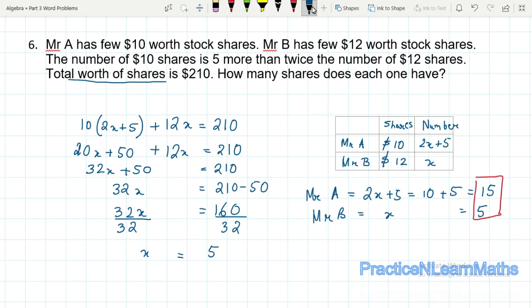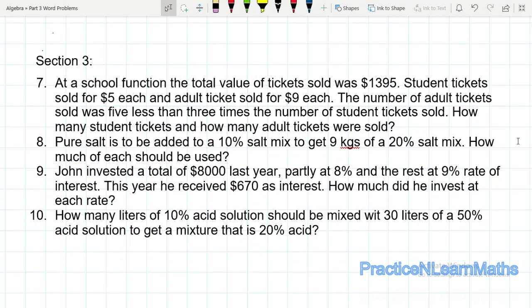After you solve section 3, I will again give you the step-by-step solutions and the correct answers. Okay, coming to section 3. There are 4 questions and you need to solve them by pausing the video.